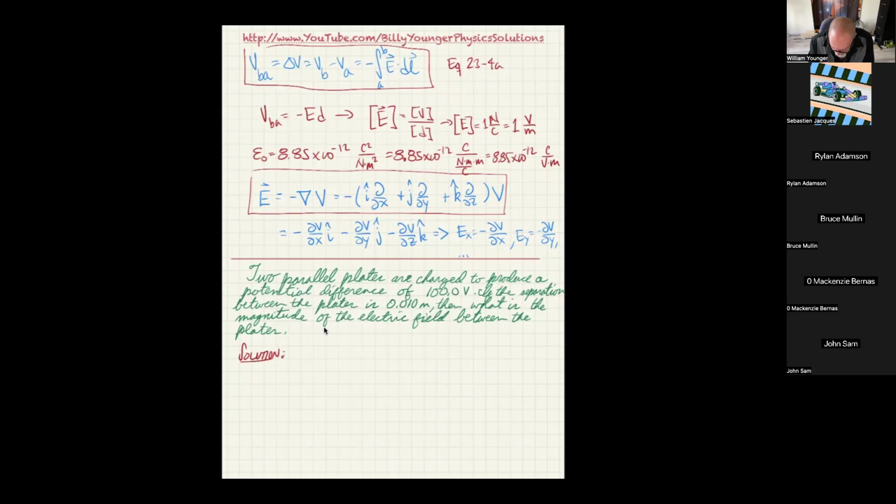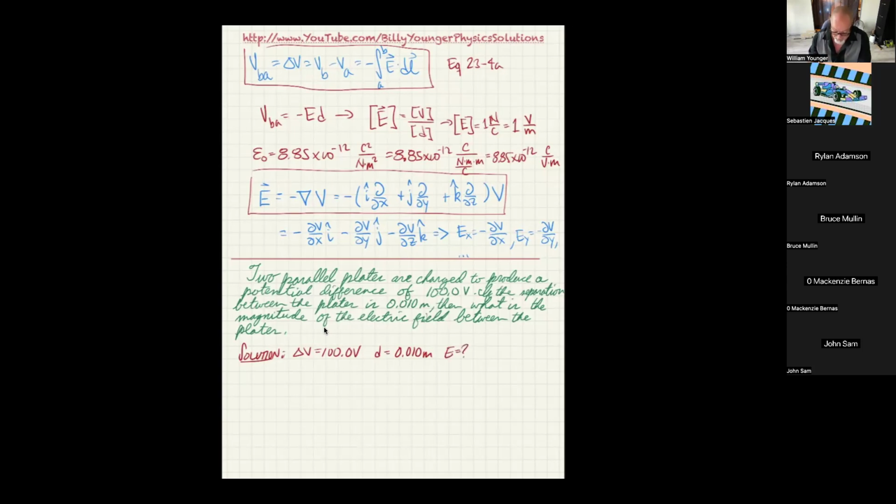What we know is the delta V is equal to 100.0 volts, and we know the D is equal to 0.010 meters. That's basically about 10 centimeters. And what I want to know is what is the electric field?